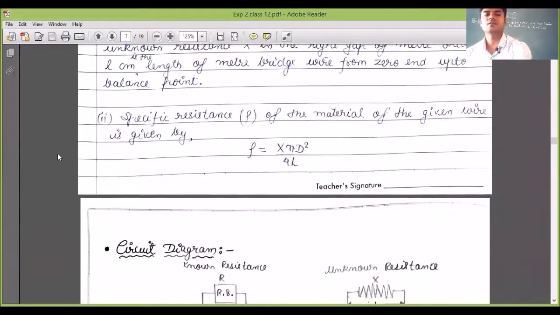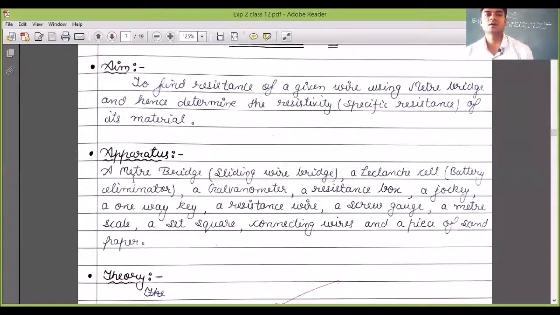In this circuit you will require a meter bridge, and either a Leclanché cell or a battery eliminator. We will use a battery eliminator to get a better deflection in the galvanometer.